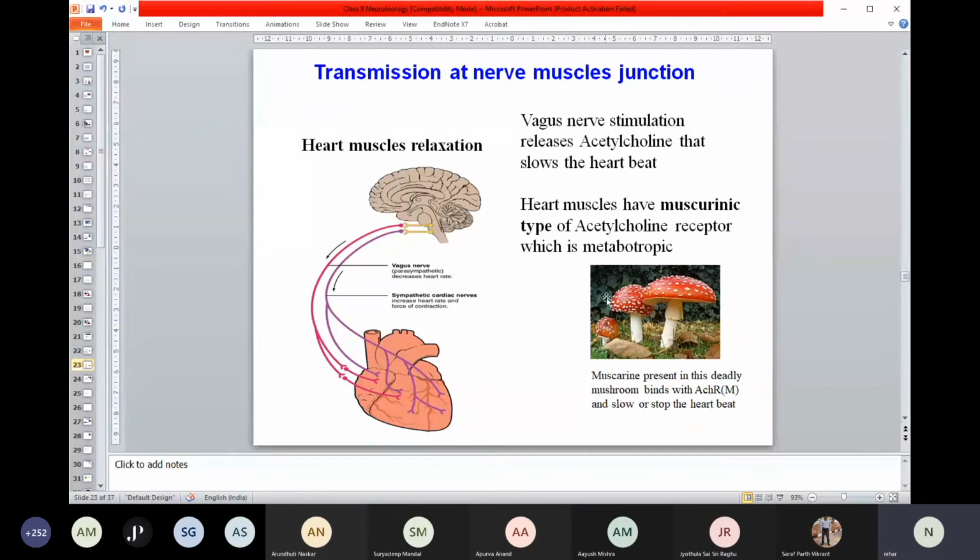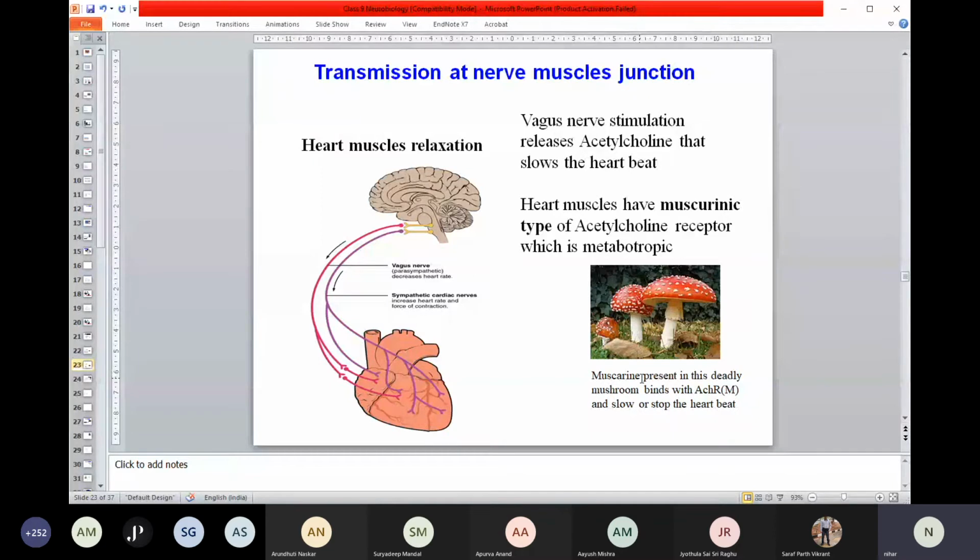Which means if you by chance take this kind of mushroom, the muscarine will go into your body and bind with the G-protein coupled acetylcholine receptor in the heart, and thereby mimic the activity. Mimic means in this case the heart will slow down because it causes relaxation of your heart muscle, which means your heartbeat will slow down. So by chance, if you have taken this poisonous mushroom, over time your heartbeat may slow down. At some point it may even stop. So that's why it's very deadly actually.